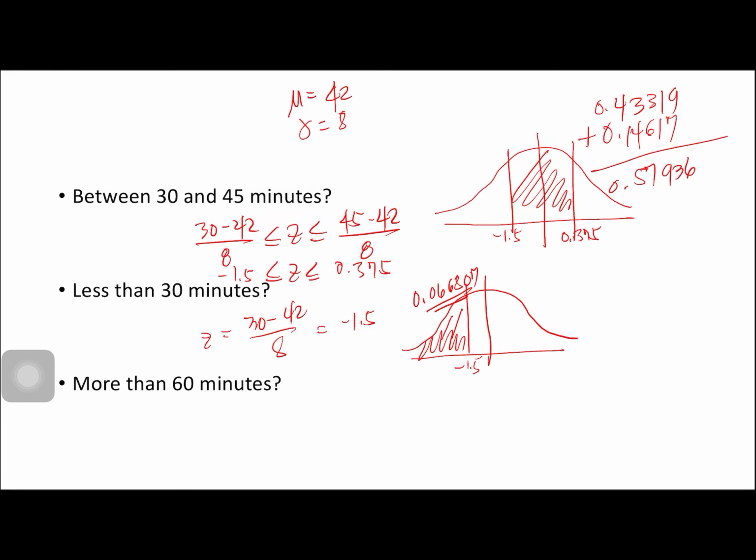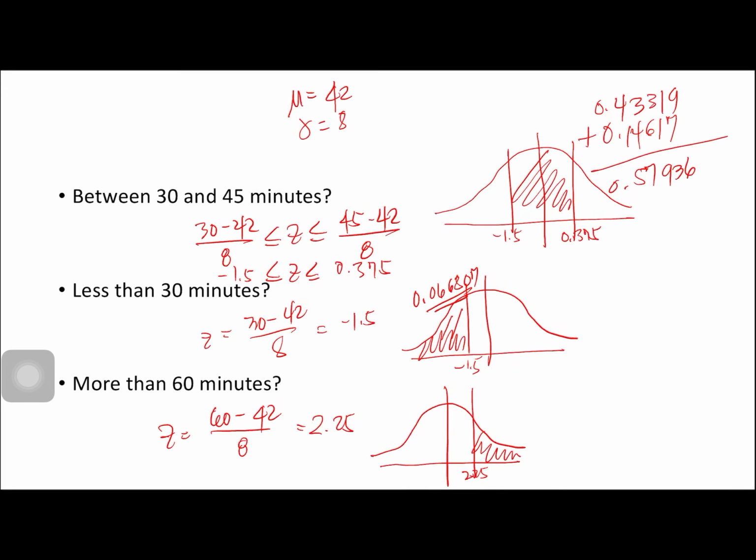We have 0.066807. Okay? Then, what about more than 60? So that is z is equal to 60 minus 42 divided by 8, which gives us 2.25. Okay?